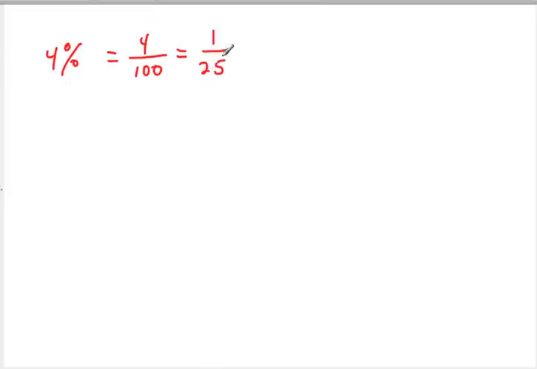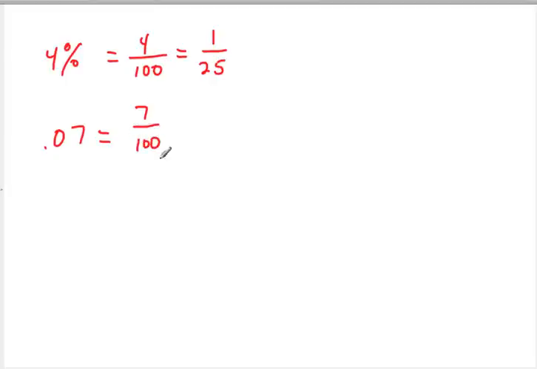Now if we're given a decimal, such as 0.07, and we want to write that as a percent, first it might be easy to change it into a fraction. So this 7 is in the hundredths place, so 7 over 100, 7 hundredths.